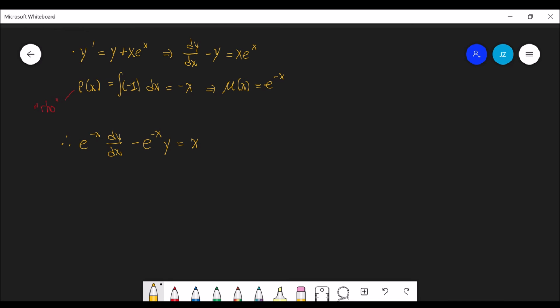Now, this here is a product rule. So we have d/dx of e to the negative x y is equal to x.